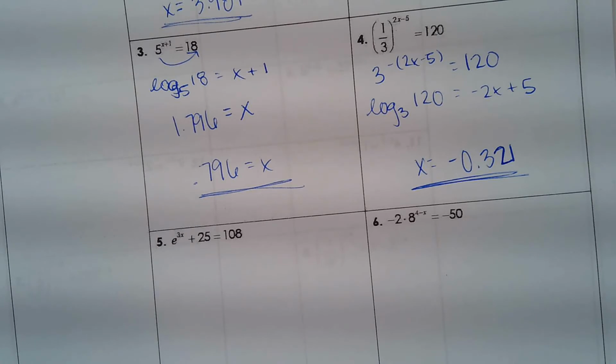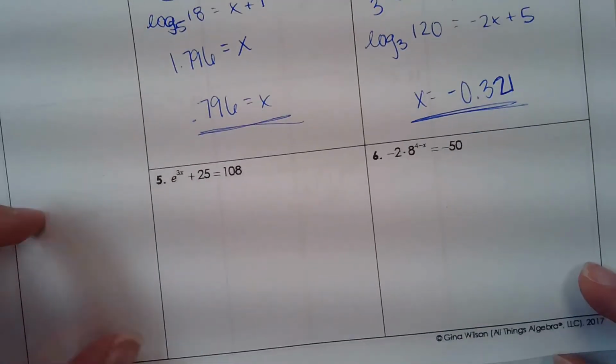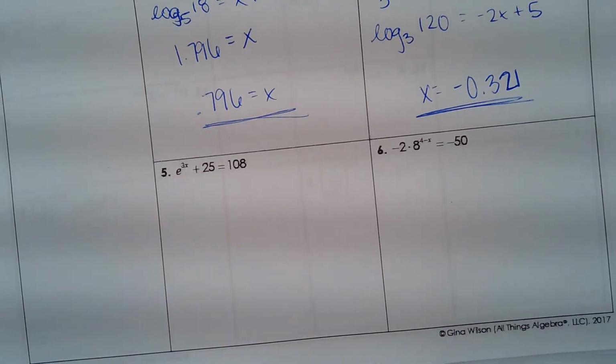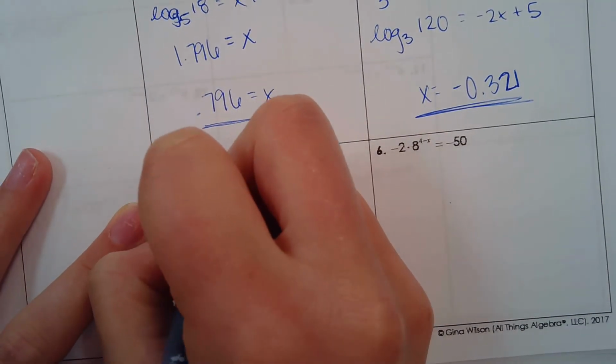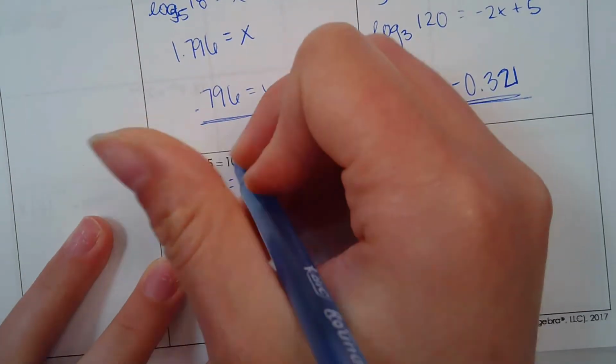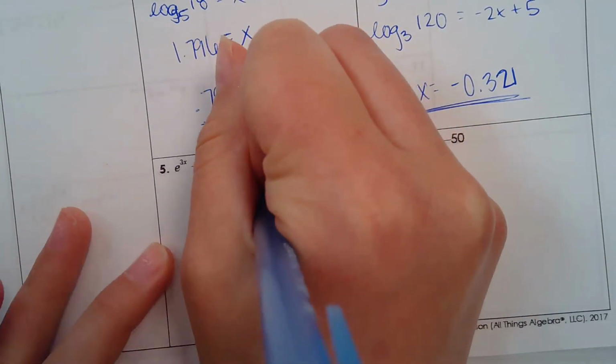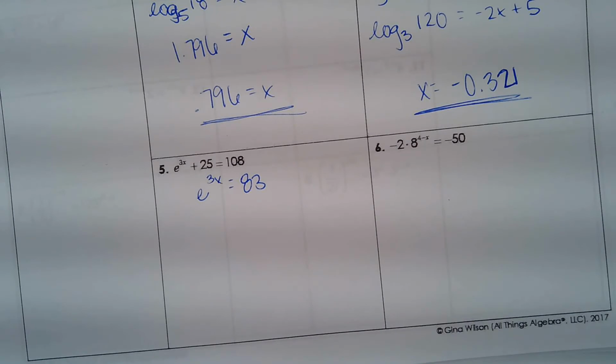So for number 5, this one's different because we've got e to the 3x plus 25. What do you think we should do first? Yeah, so we want to make sure that we have that exponential term by itself first. So we'll subtract 25, have e to the 3x equals 83. And then we can solve it like we have been for everything.